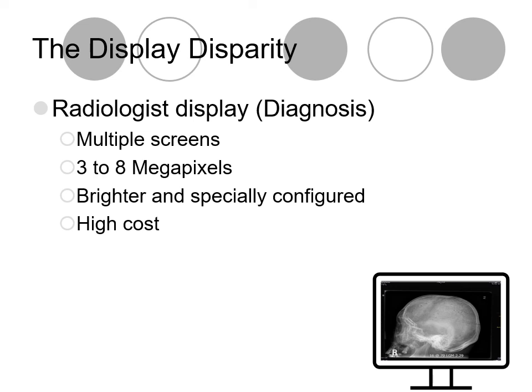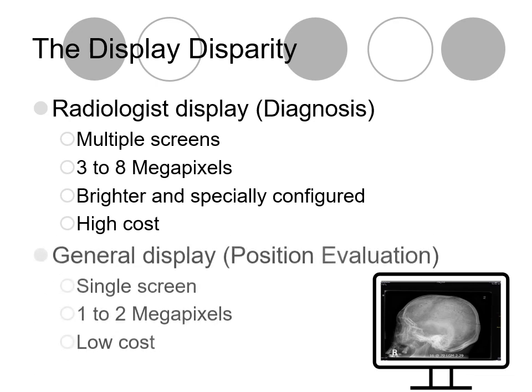Brightness is better controlled and the cost of the display is much more than the screens provided by your imaging system. Whereas system screens only display 1 to 2 megapixels and brightness is not uniform across the screen. Trying to view small changes is much more difficult using these monitors.